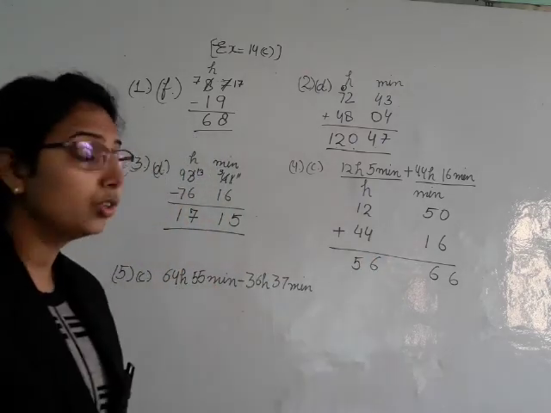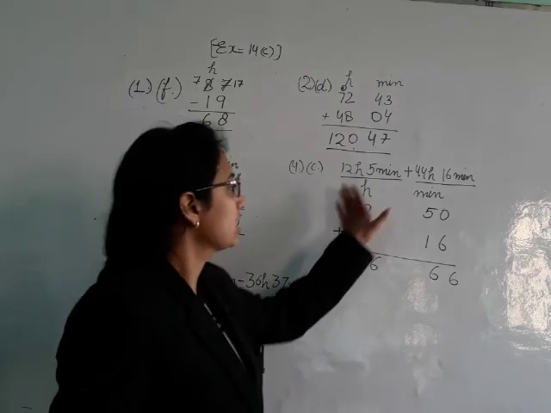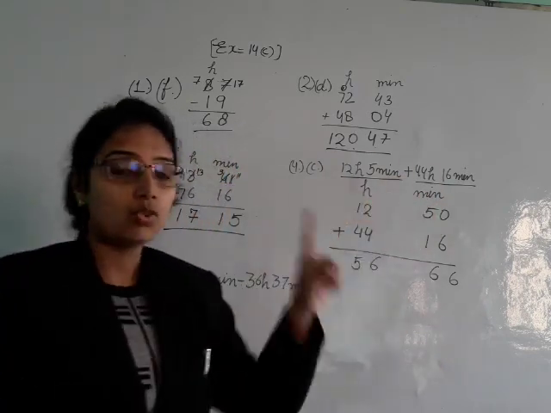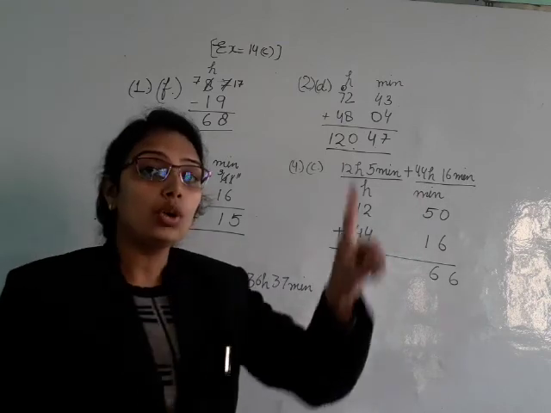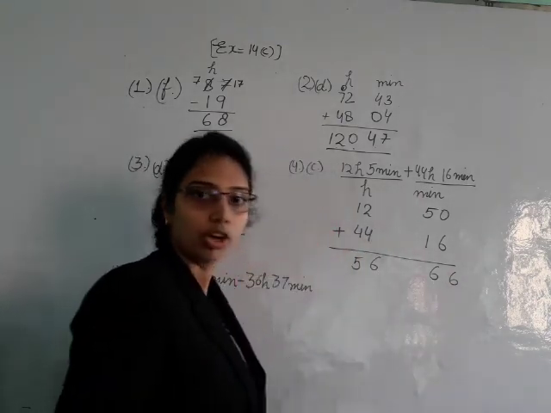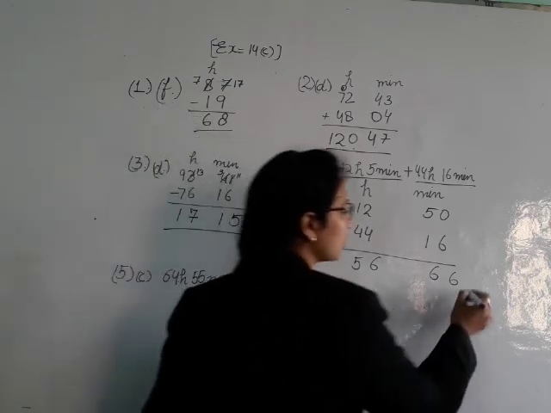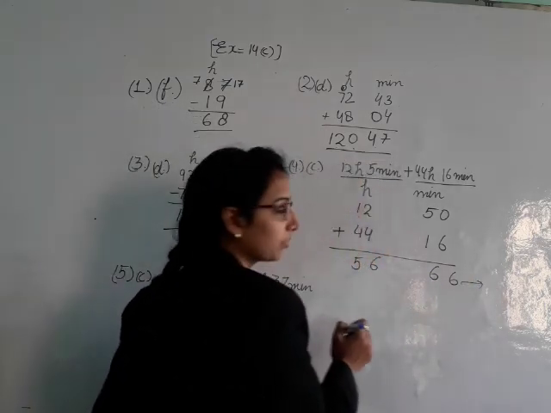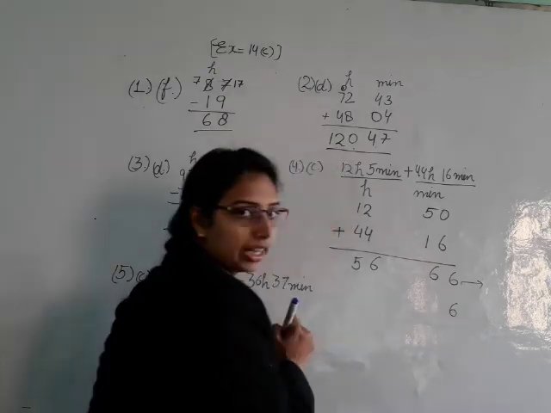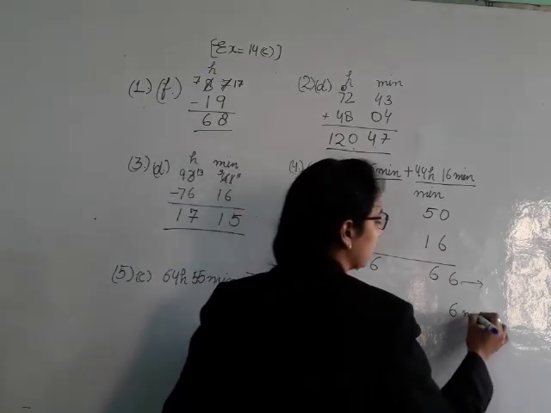Now, in simple addition and subtraction, this is enough. But you know very well, in 1 hour, there are only and only 60 minutes. But here it is 66. So what do we have to do? We have to take out 60 from here. If we take out 60 minutes, 6 minutes will remain here.